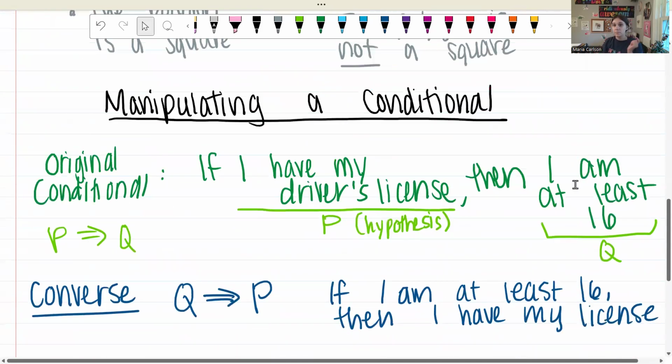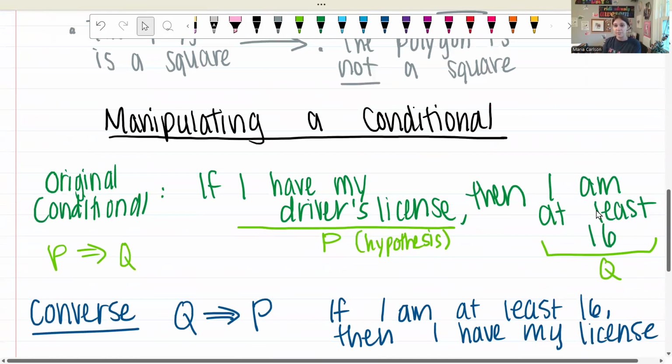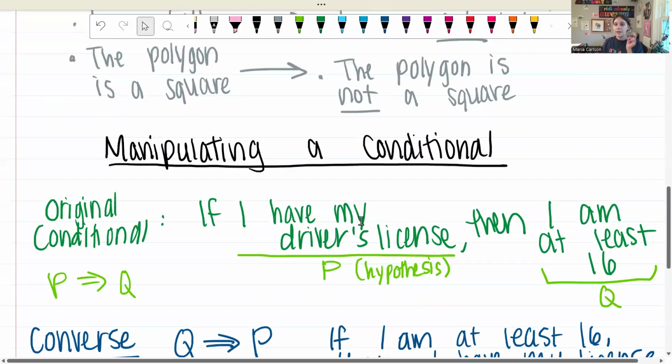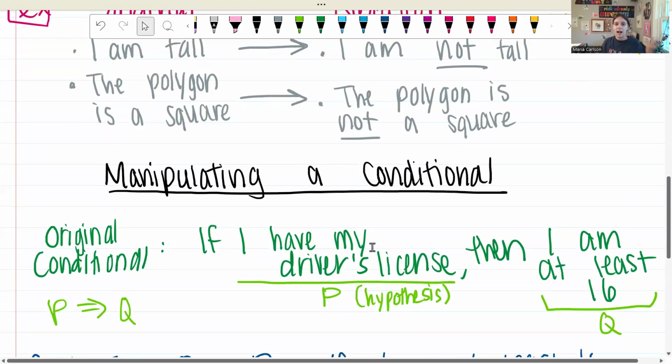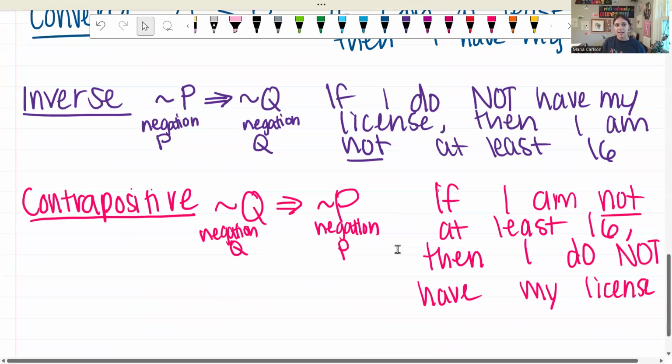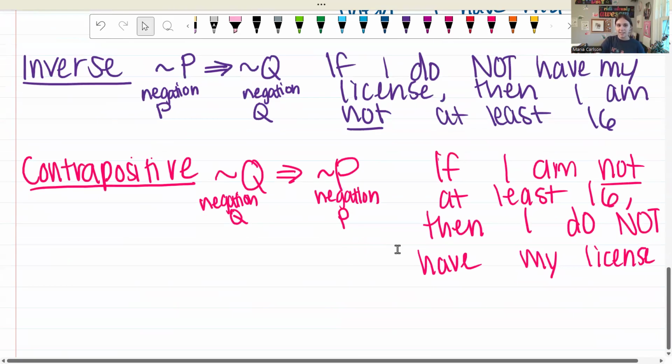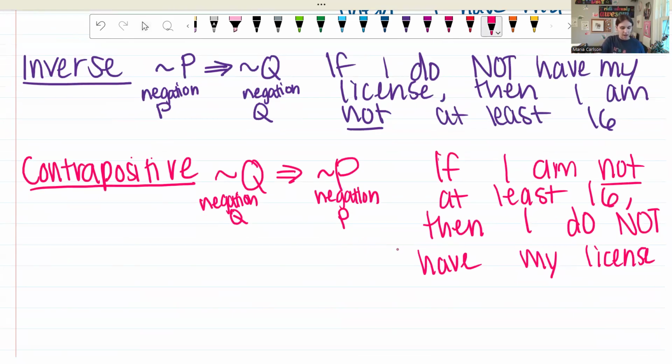I take Q first and I find the negation of that. So if I am not at least 16, then the negation of my hypothesis must be true. Then I do not have my driver's license. That is what the contrapositive is saying. Not Q implies not P.